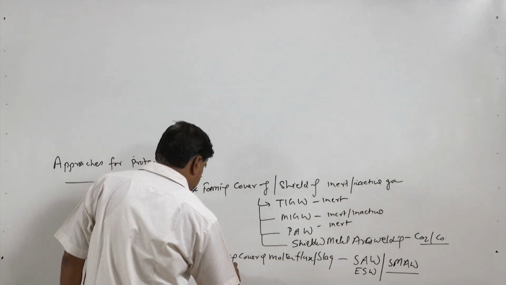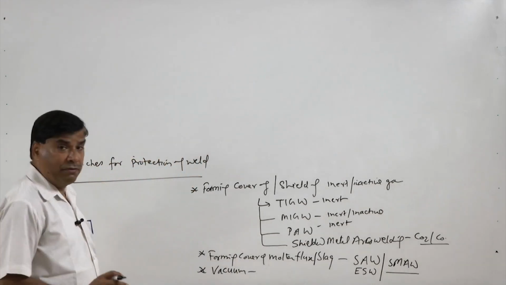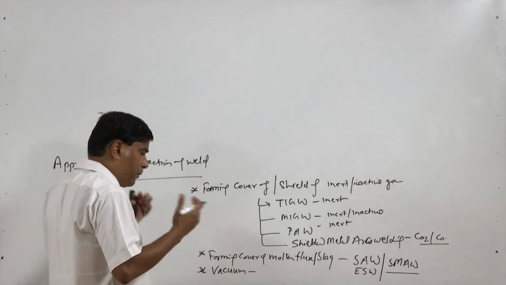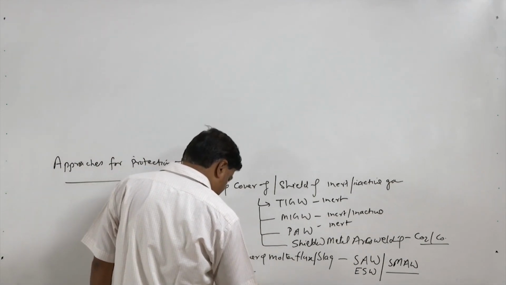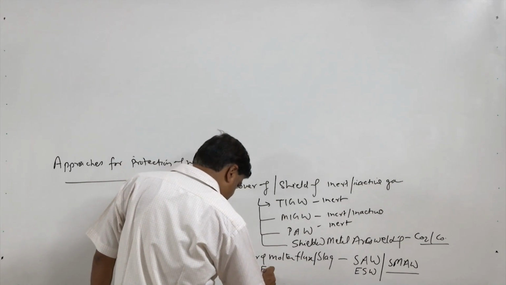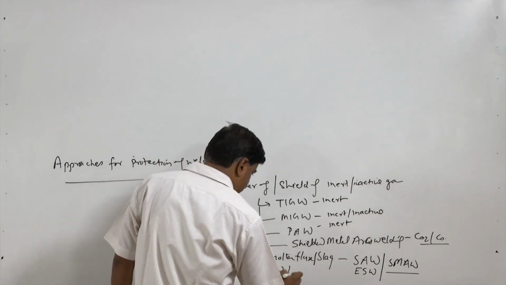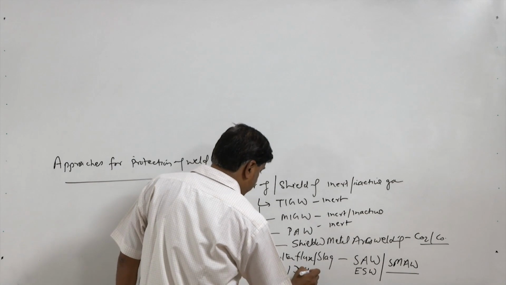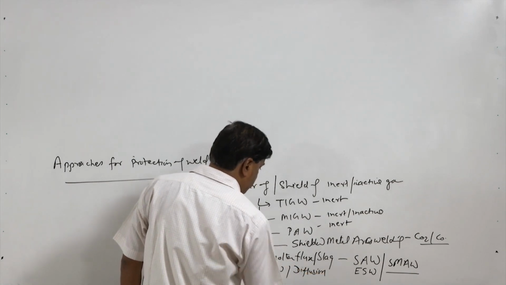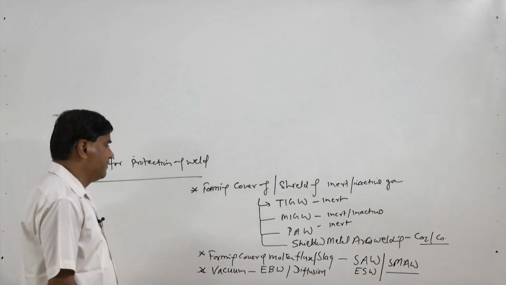Vacuum is also effectively used for protecting the weld pool and the weld joint, and this is used in the case of electron beam welding. As I have said just now, in diffusion bonding also, vacuum is used to avoid interactions of the atmospheric gases with the faying surfaces.